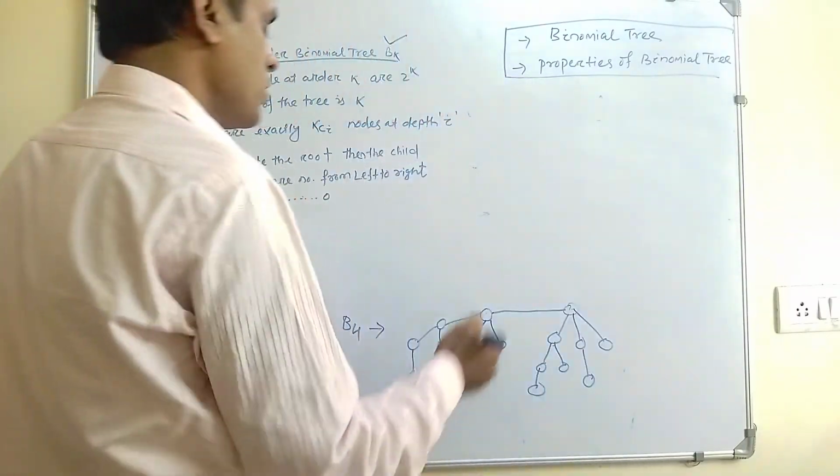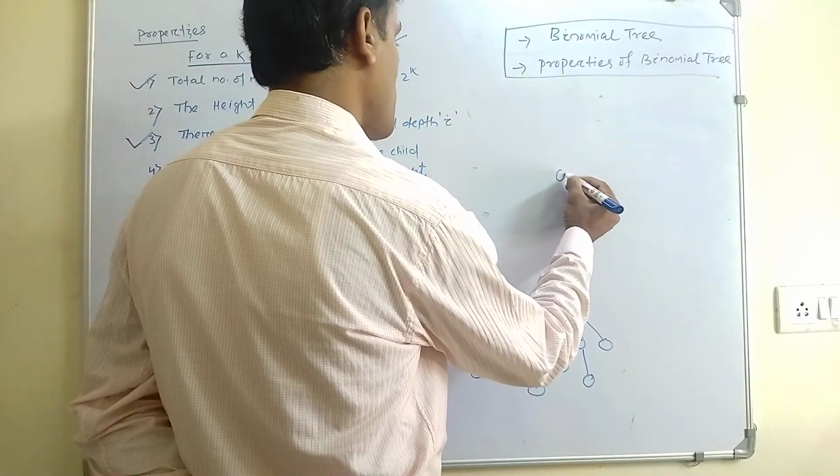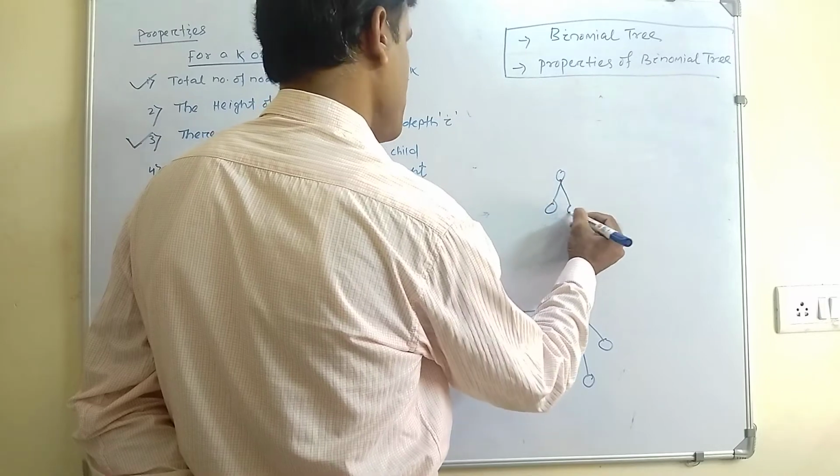I already said that two binomial trees of order 3 will form one binomial tree of order 4. So I have drawn two binomial trees.